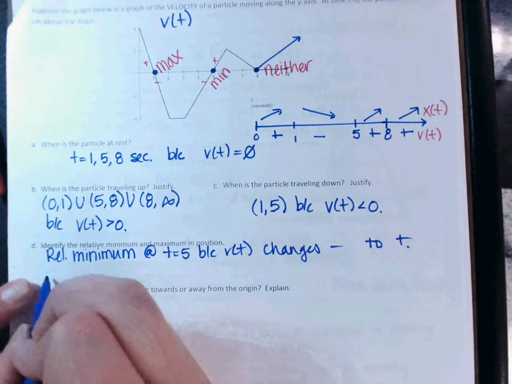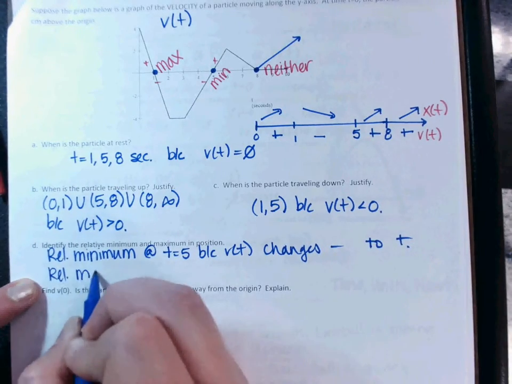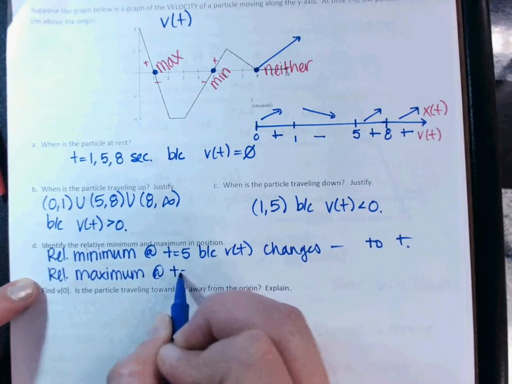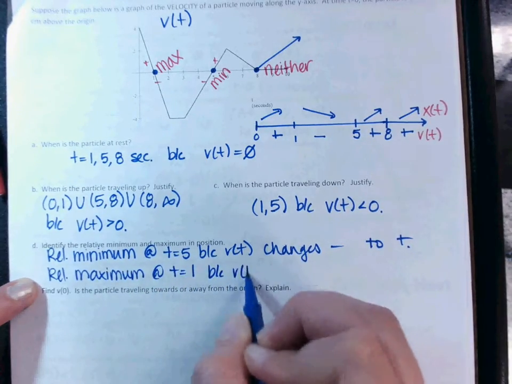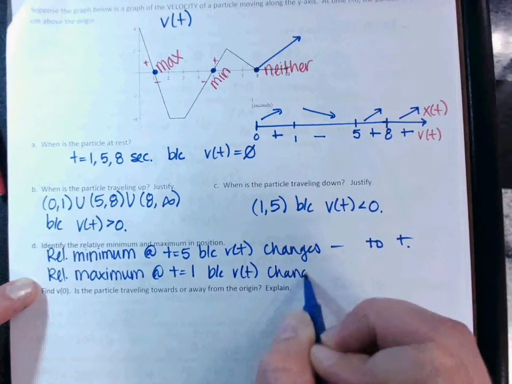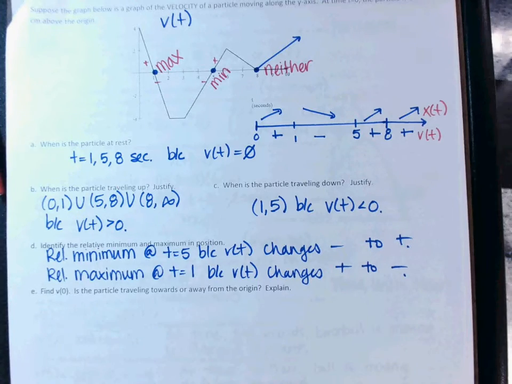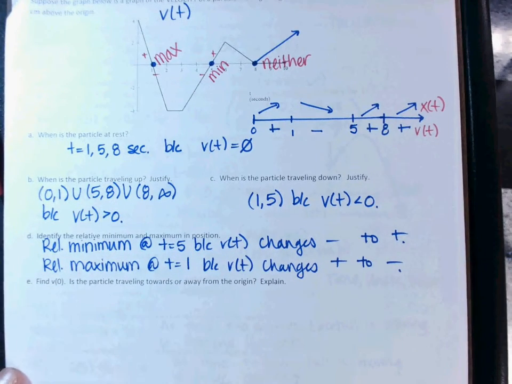Then for my relative or local max, I have that at t equals 1 because v of t changes positive to negative. Now, if they ask for relative mins and maxes, do I also have to list that 8 was a neither? No. If it said find all critical numbers, would I have to list 8? Yes, but it doesn't, so we don't have to do it.